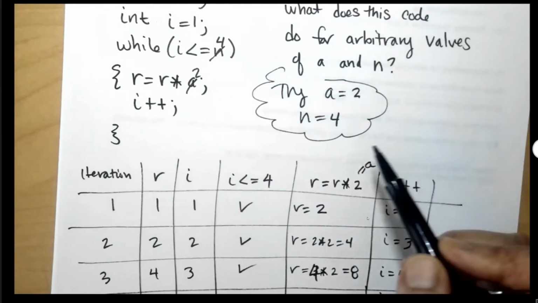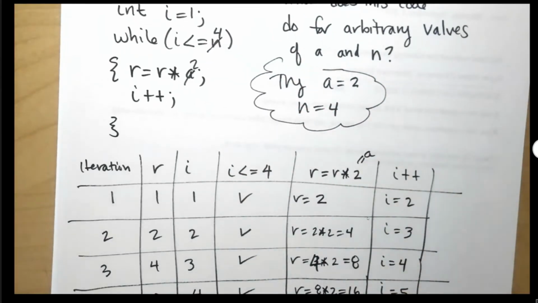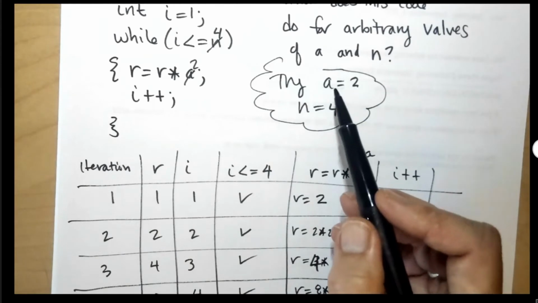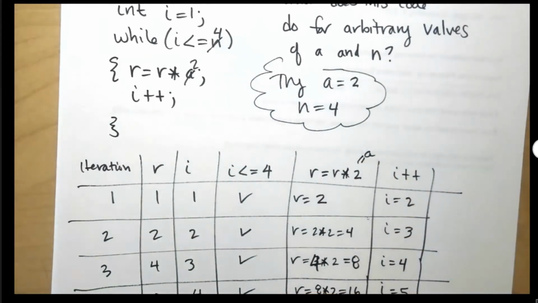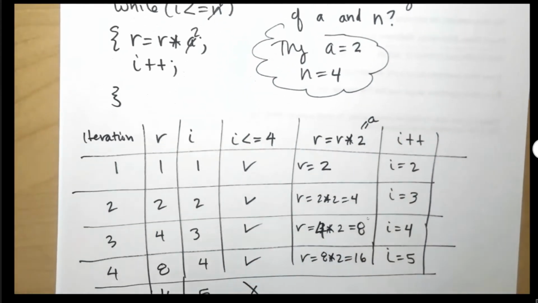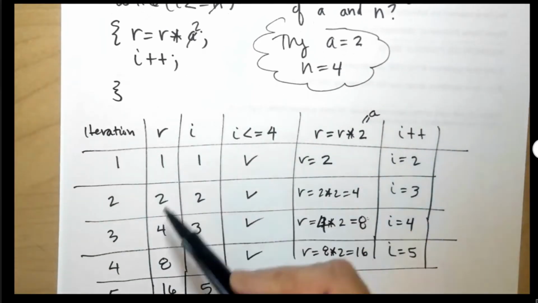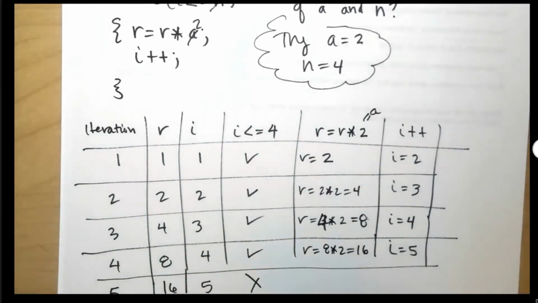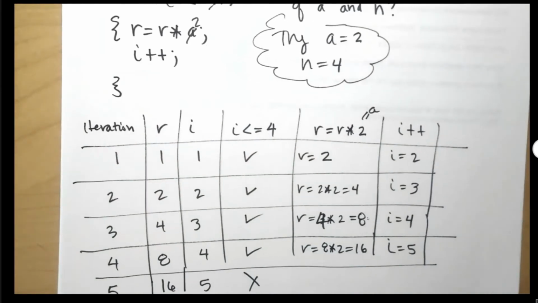We multiplied by 2 four times. So students can get the idea that this is really A to the N that's happening here. All right, so that's iteration. And again, that doesn't take a huge amount of time to make that tracing table. And it might be much quicker than just trying to think of things in your head.